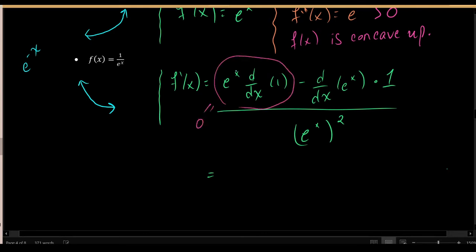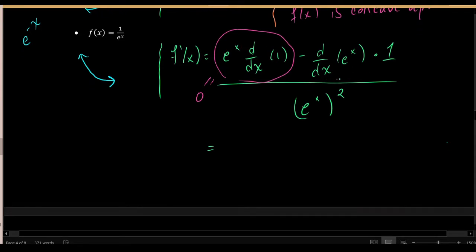So that first term in the numerator is going to vanish. I also know that the derivative of e to the x is just e to the x. So I get negative e to the x divided by e to the x squared, and if I cancel common factors, I get minus 1 over e to the x. Literally just the opposite of what I had before.